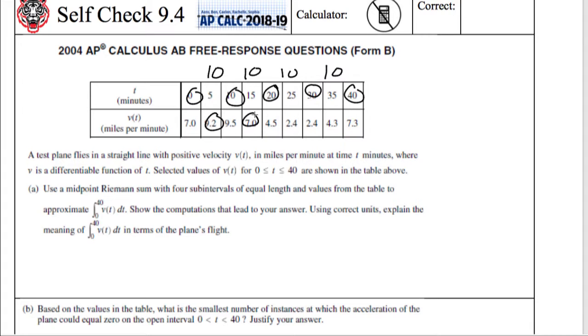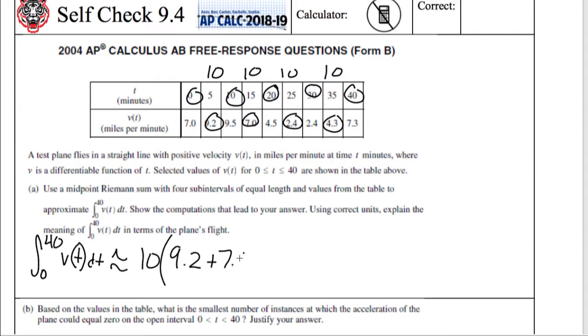So the integral between 0 and 40 of velocity with respect to t dt is approximated by our midpoint Riemann sum, which is 10 times the quantity of all of those heights added up: 9.2 plus 7.0 plus 2.4 plus 4.3.